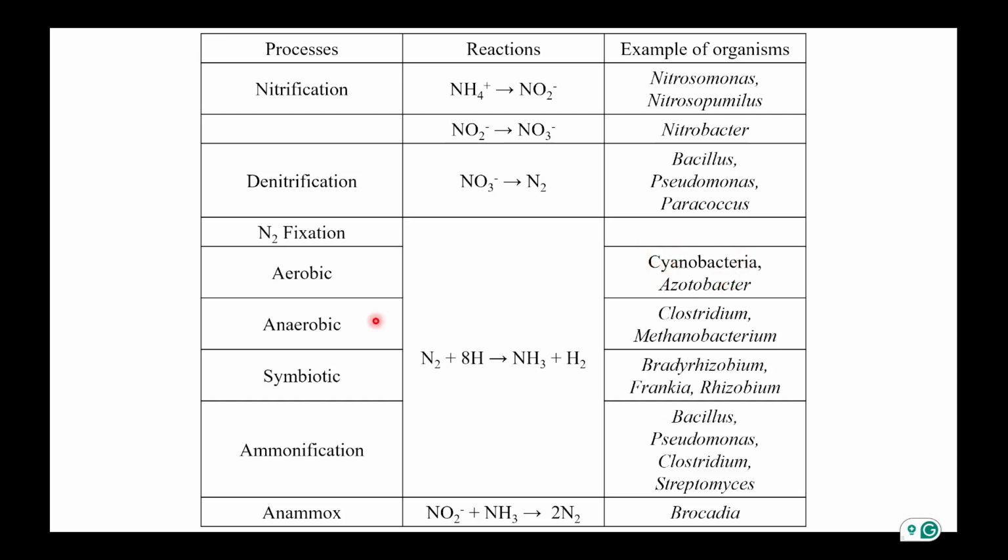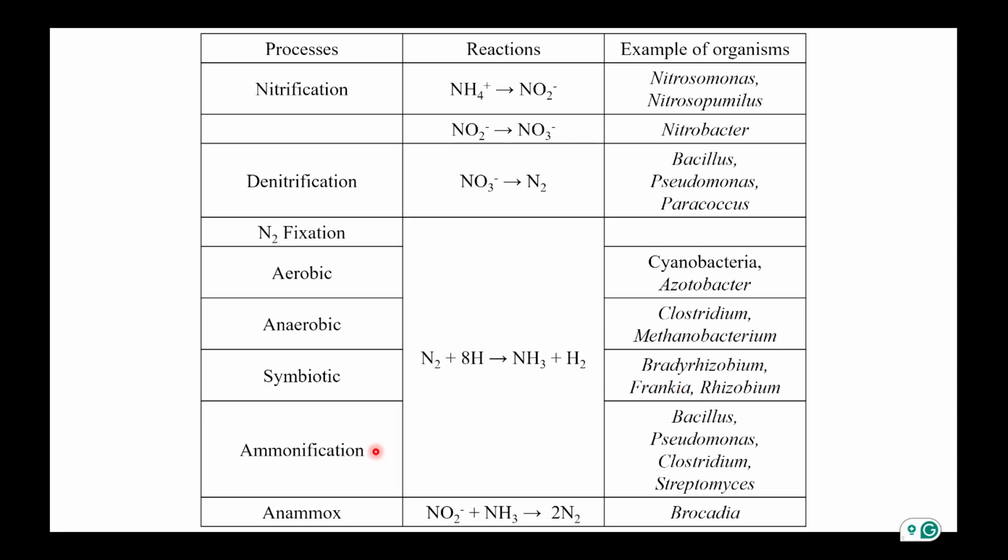If it is happening in the absence of oxygen, it is called anaerobic nitrogen fixation, and the bacteria are Clostridium and Methanobacterium. Then symbiotic nitrogen fixation, like I already explained about rhizobium; there are other bacteria called bradyrhizobium and Frankia that do similar symbiotic nitrogen fixation.